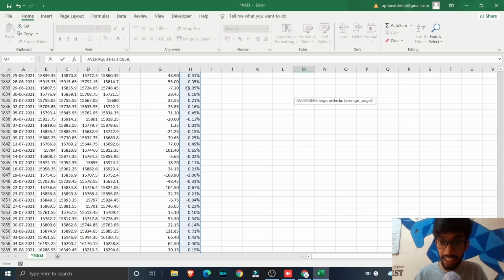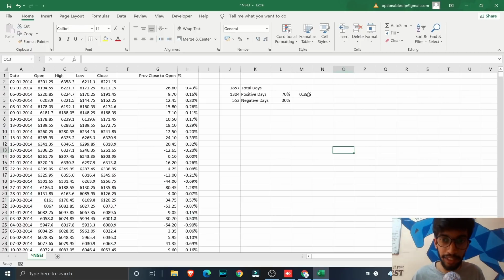Average range, so the criteria is nothing but if it is greater than 0. So I just changed this to percentage. So you can see here that when 70% of the days the market is actually opening positive, the average expected move is 0.38%. So 0.38% is the average expected move on the higher side.